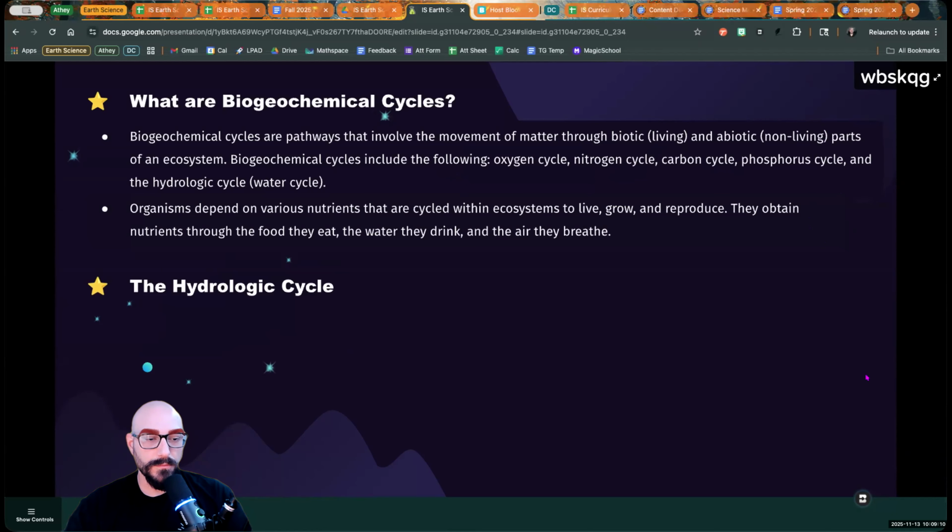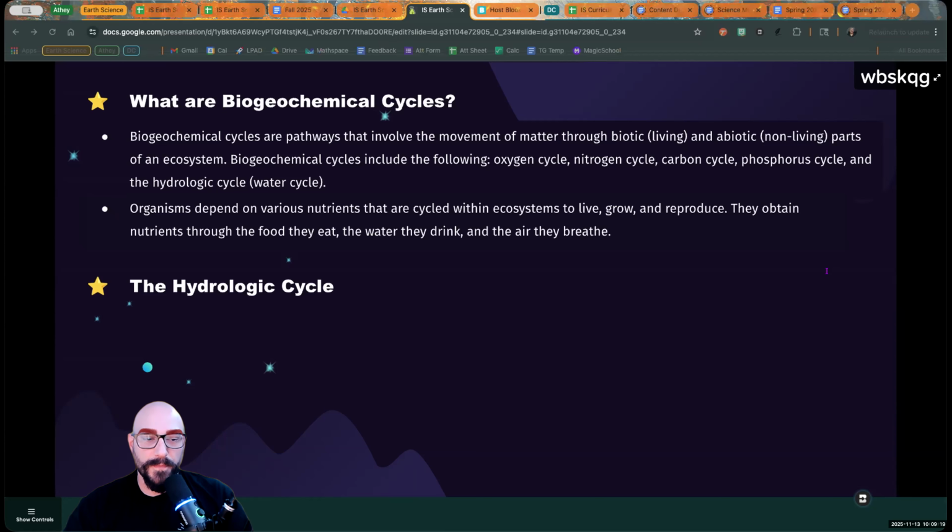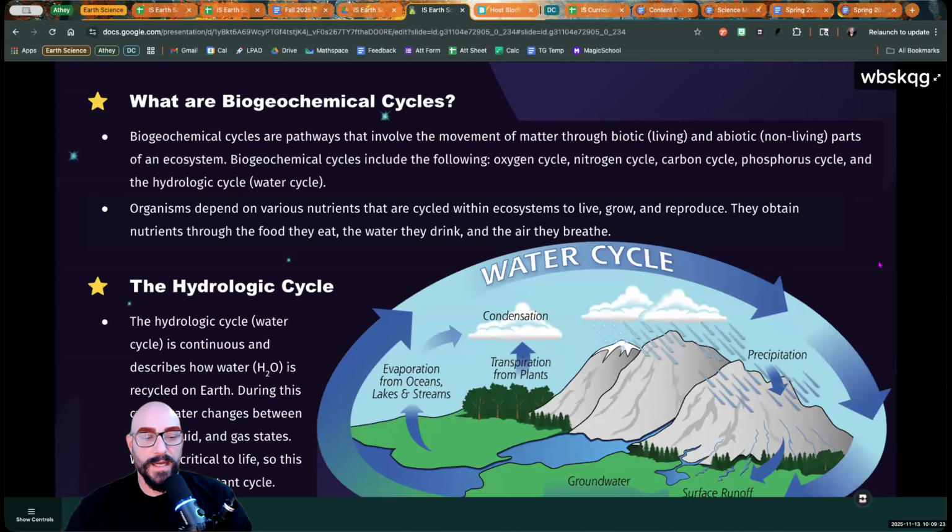Okay. There's the hydrologic cycle. So let's start with that one. That would be the hydro cycle, the hydrologic cycle. That's fine, Emily. Thank you for letting me know. And that would be water, right? Hydro means water. So the hydrologic cycle is the water cycle. Water evaporates from the ground, it condenses into clouds.